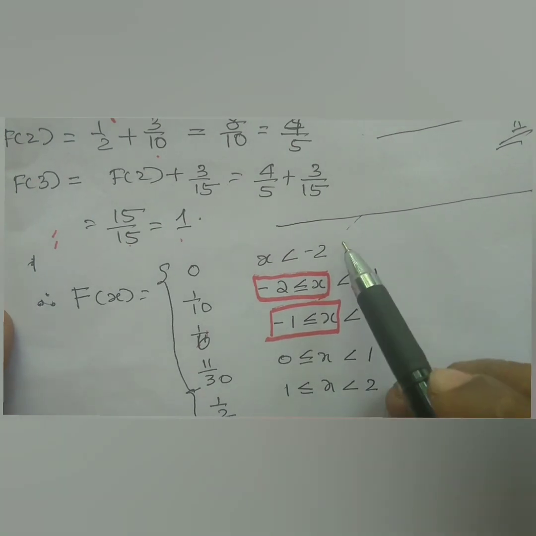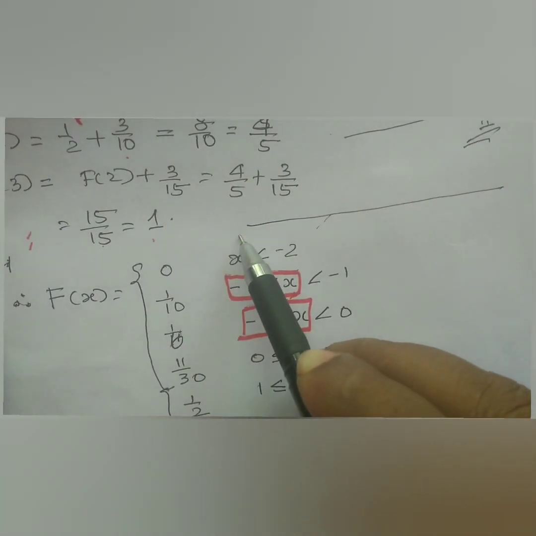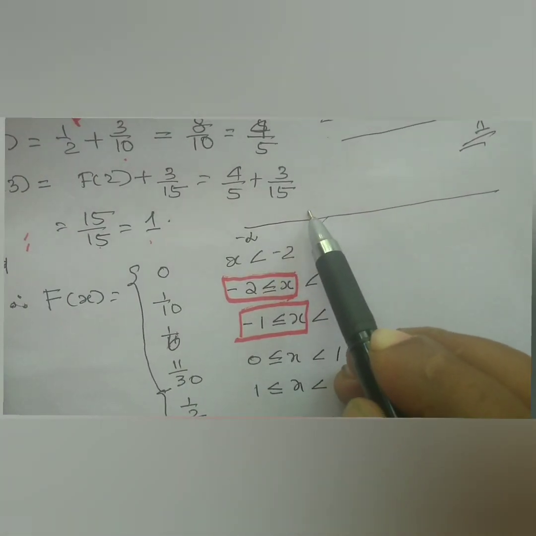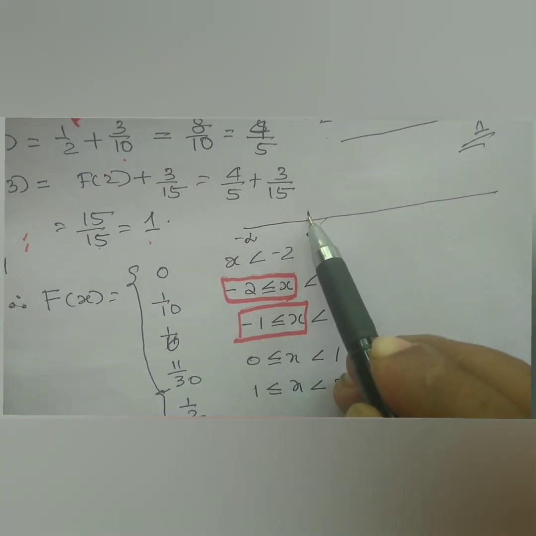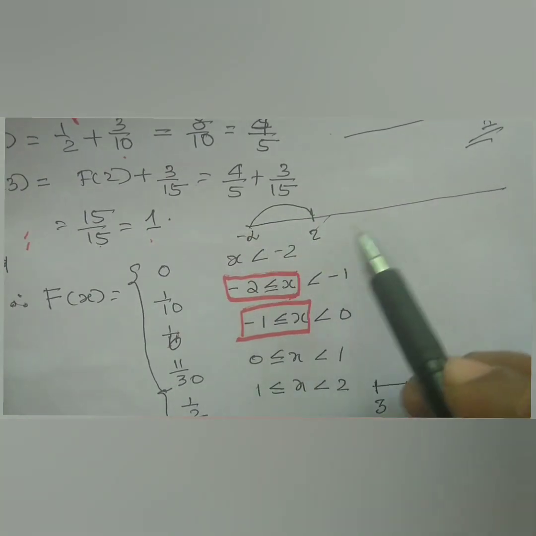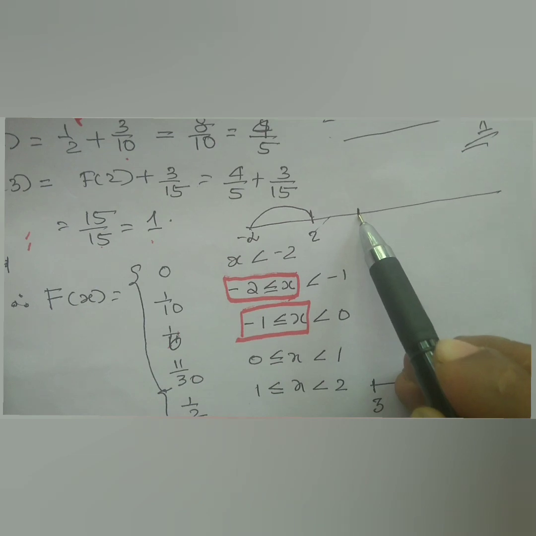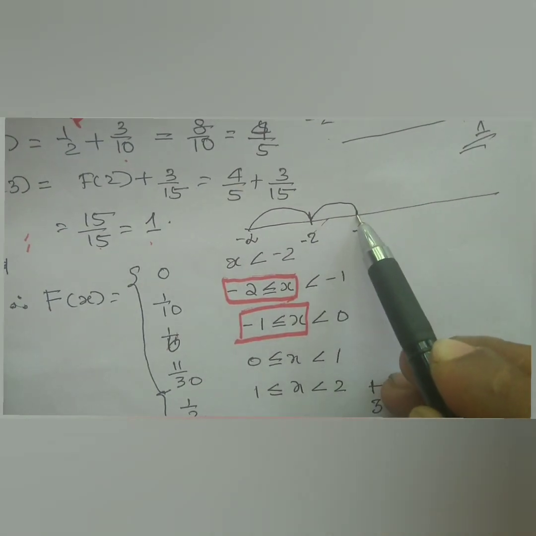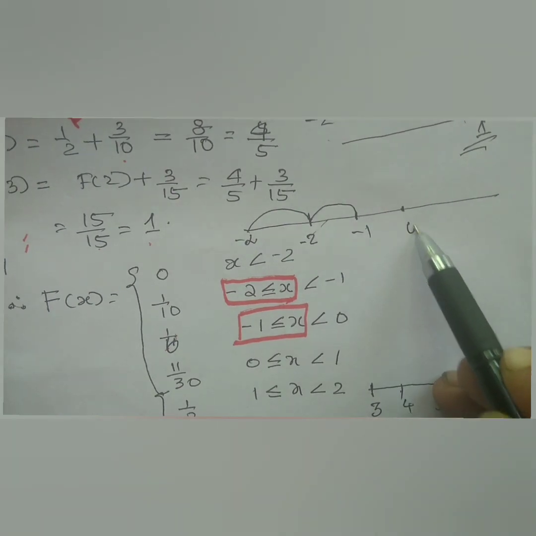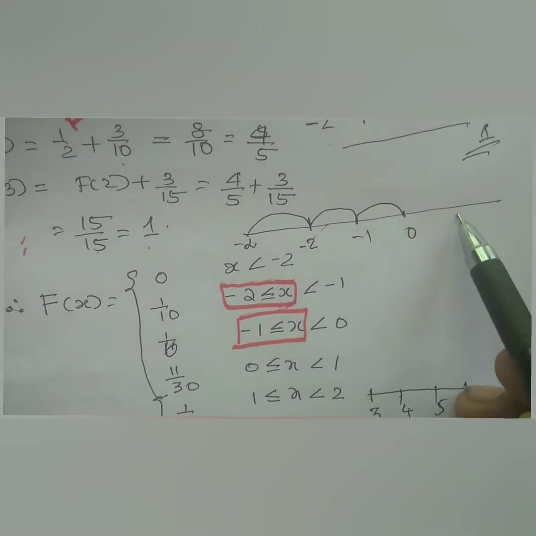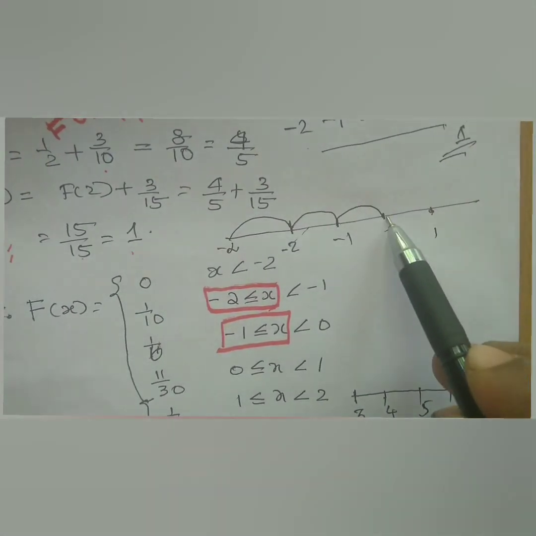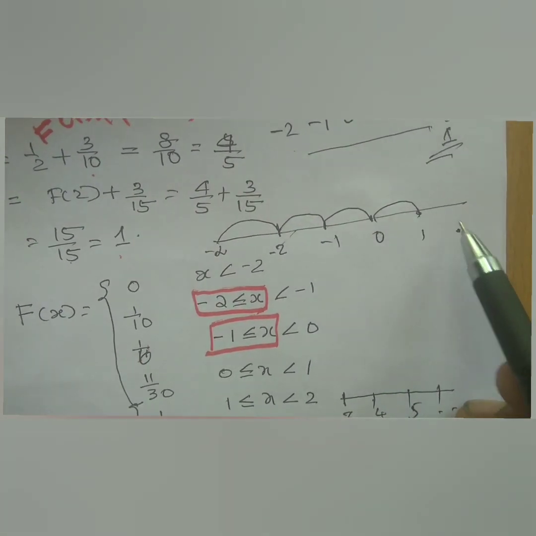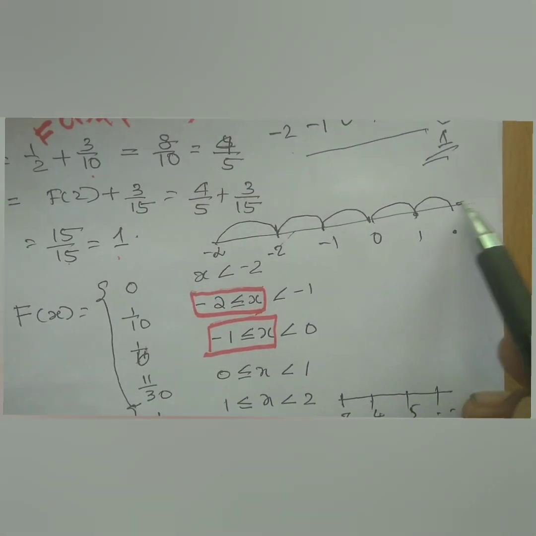That is minus infinity to here minus 2. So this is one interval. Then that is equal to minus 1. This one interval. Then equal to 0. This is another interval. Then 1, 2, then 3.